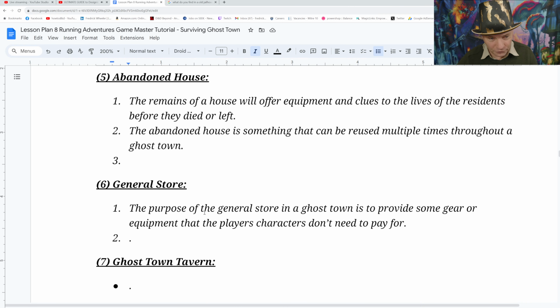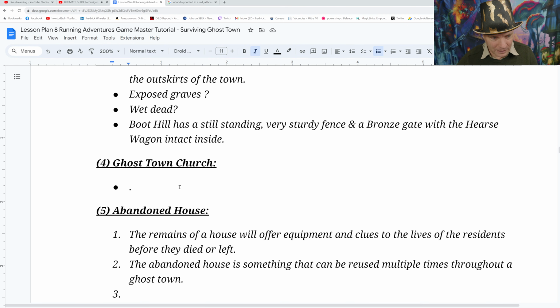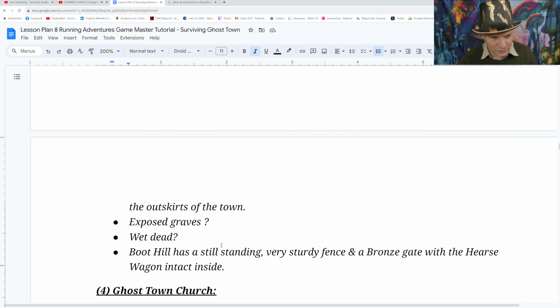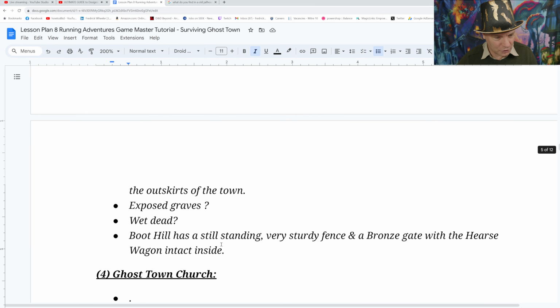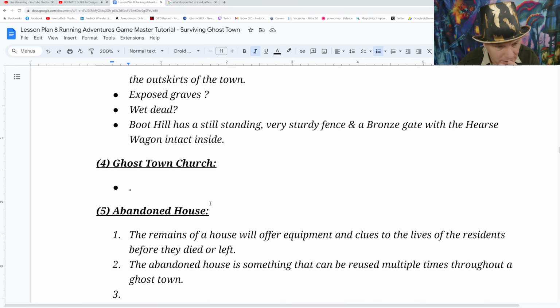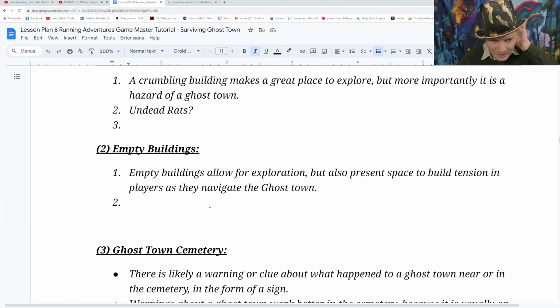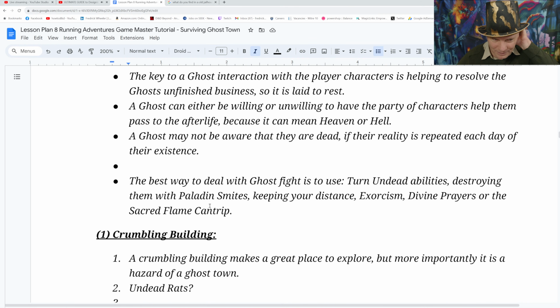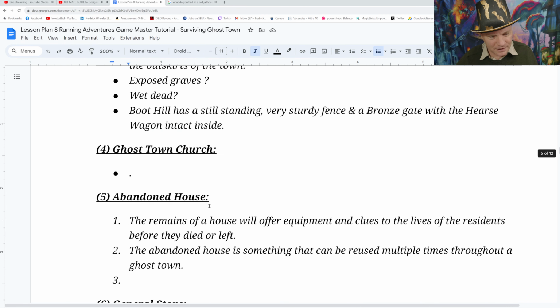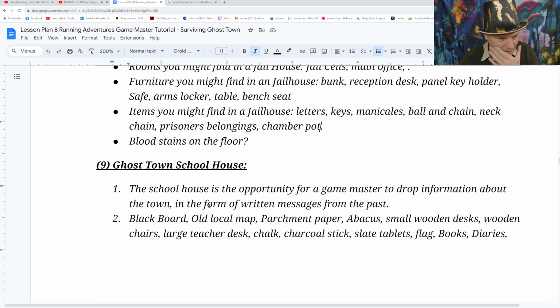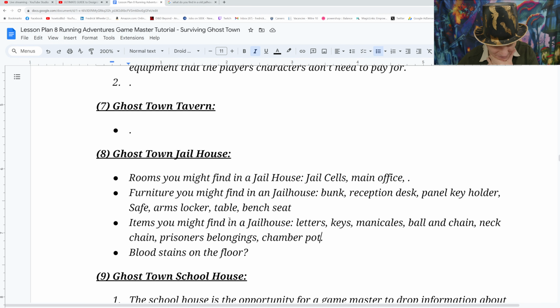We'll deal with the general store, and we don't need to worry too much about an abandoned house, but we will do something with it. We've got the cemetery, and we've got a church, I believe. We'll do the church. Hopefully we'll get that done today. And empty buildings are empty buildings. Crumbling buildings are crumbling buildings. So we've got sort of the essentials. That's where my head has been at: let's work on the absolute essentials of what you would find.